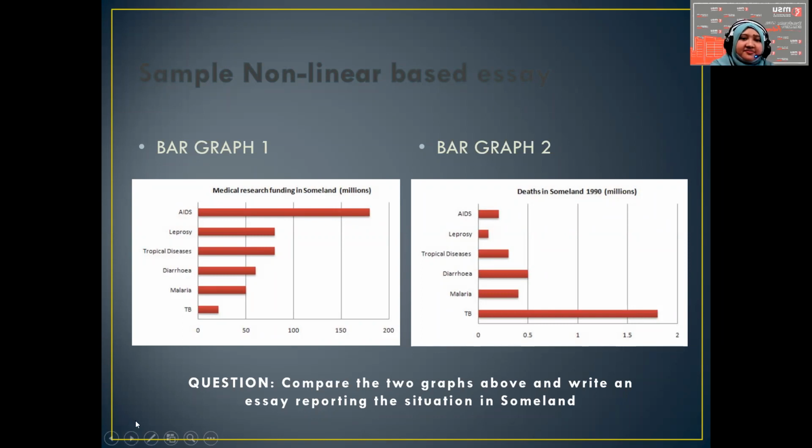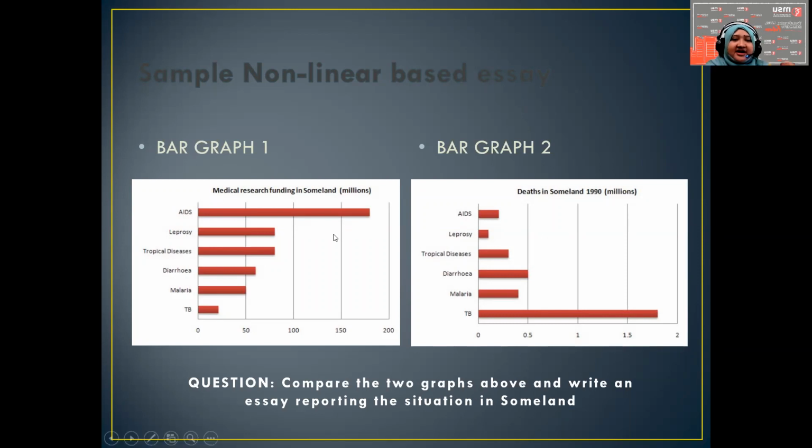From the comparative graph, probably the policy makers can propose a balance in medical research funding so that more funding can be given to TB. Because for AIDS, they probably have found a way to curb the situation.